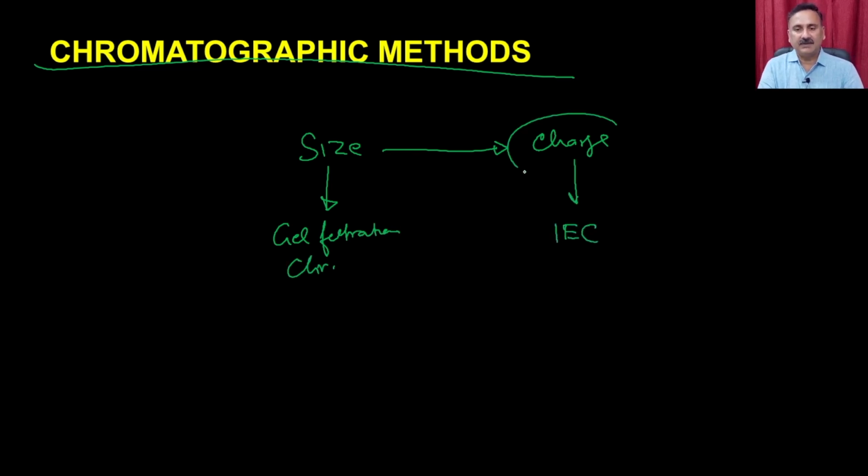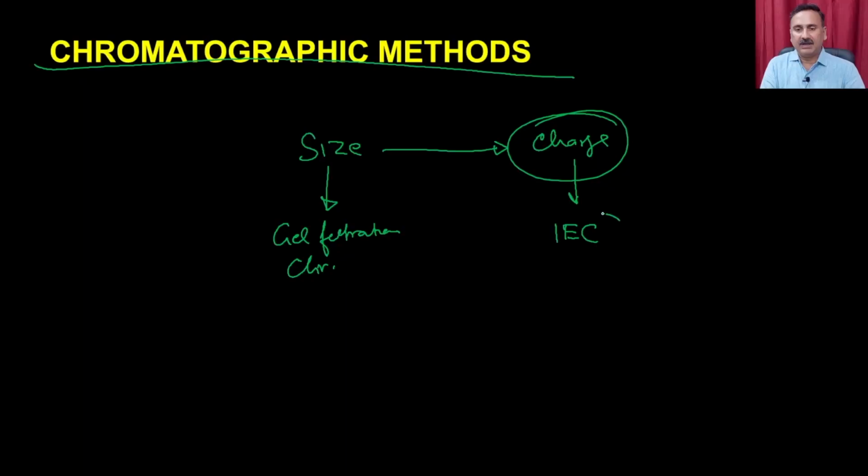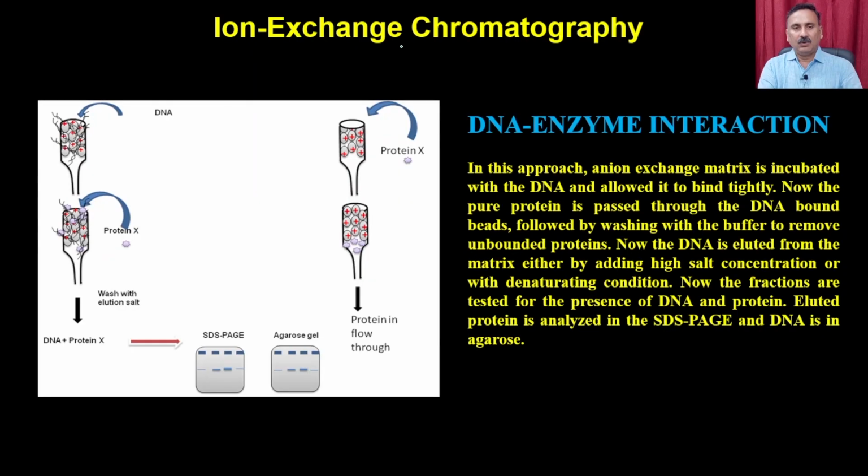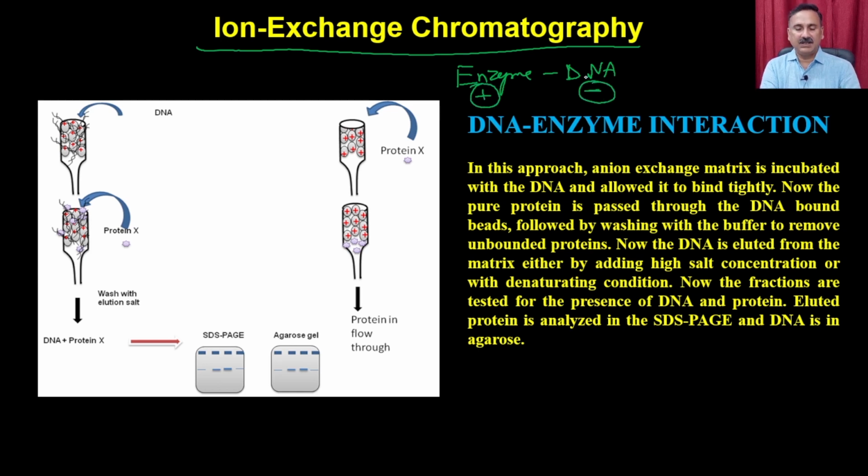So let's start with the charge and how it can be exploited with ion exchange chromatography to map the enzyme-substrate interactions. For explaining this, I have taken an example of an enzyme which is interacting with DNA. Imagine the enzyme has positive charges and the DNA has negative charges, and that's how they interact with each other.